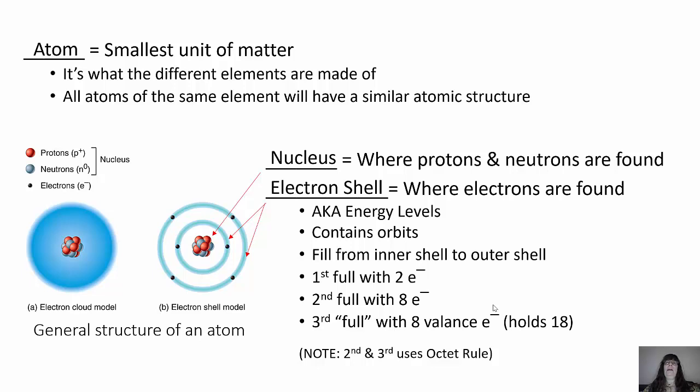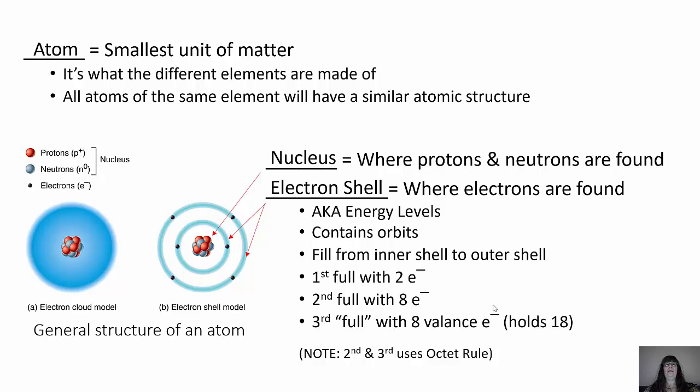Now, protons and neutrons are found inside the nucleus. So that's the big ball in the middle there in those pictures. Now, the first model, the electron cloud model, is the more realistic model. However, we use the electron shell model in our books because it's much easier to comprehend that way. The electron shells are where the electrons are found.